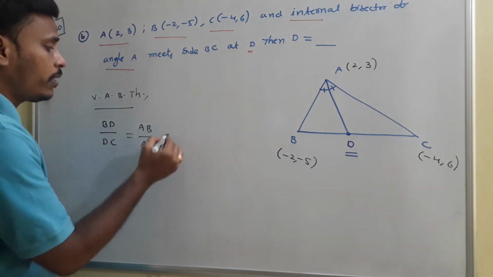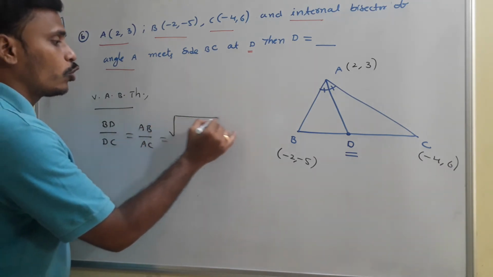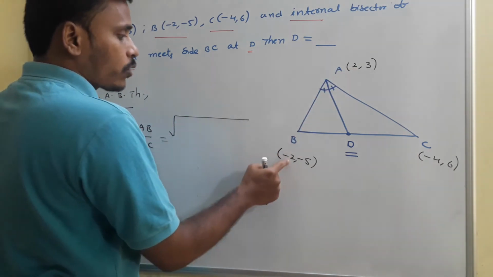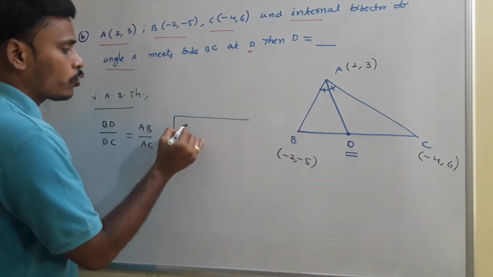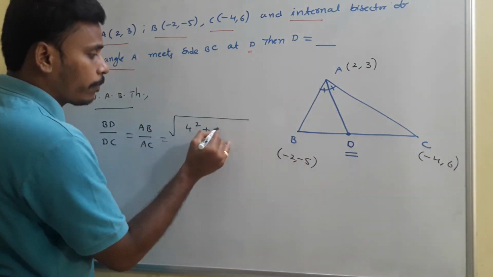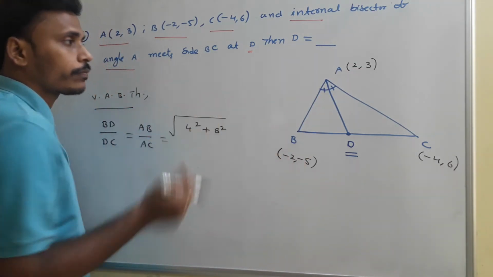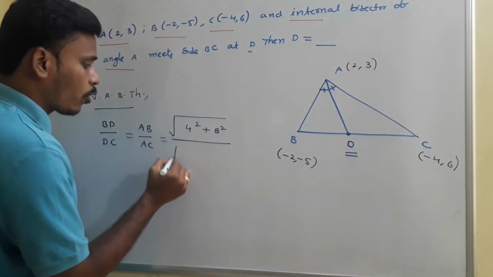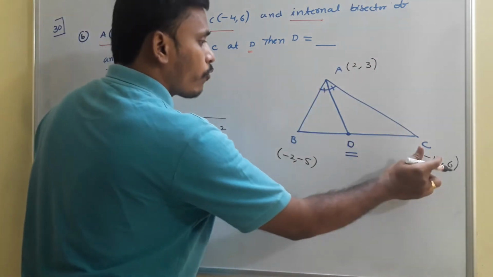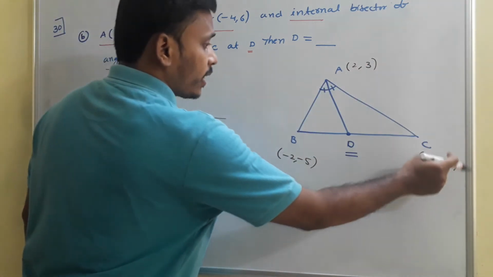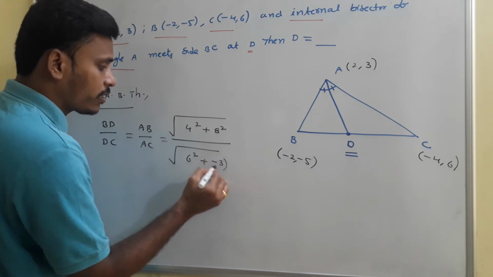But what is AB? As we know, AB is distance between those 2 points, AB. So use distance formula. 2 minus of -2 is 4 square plus 3 minus of -5, 8 square, divided by AC, and again square root of 2 minus of -4, 6 square plus 3 minus 6, in the sense -3 square.